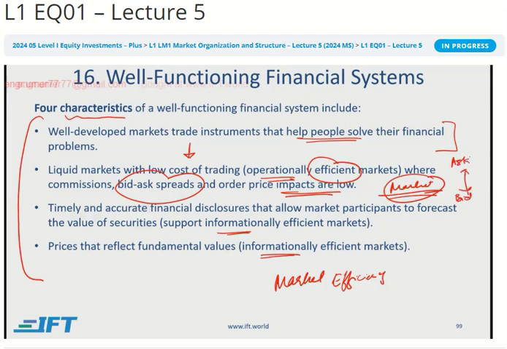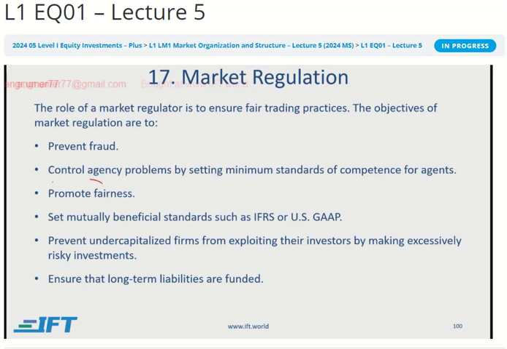Secondly, what's really important is this informationally efficient component, where we don't want an unfair market, where some people have inside information and they're making a lot of money and other people are not making that money. So at their expense, some people are making a lot of money. That means we don't want any kind of unfair stuff.